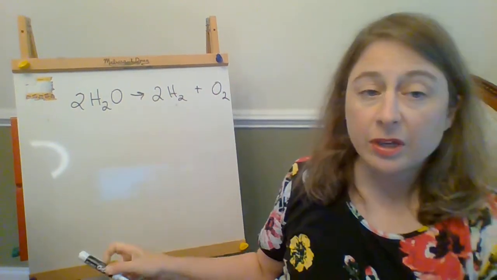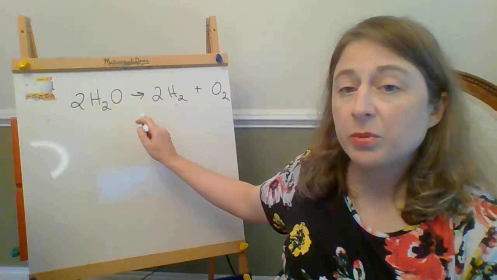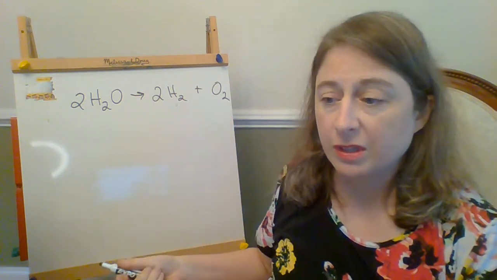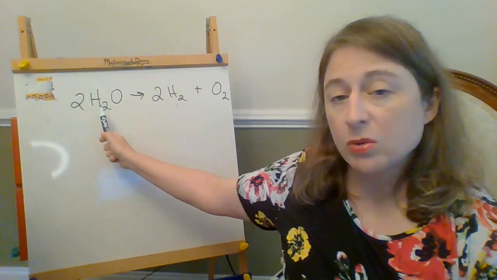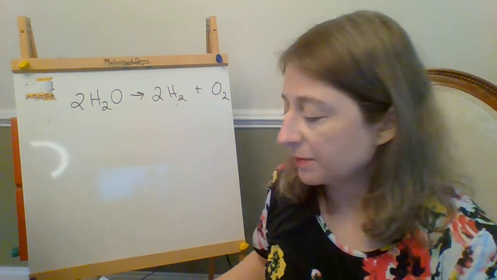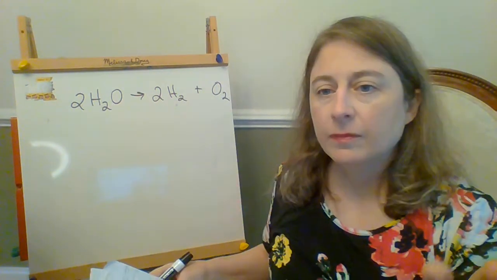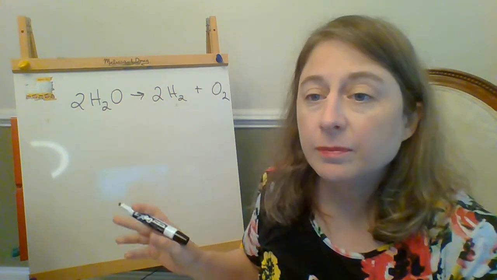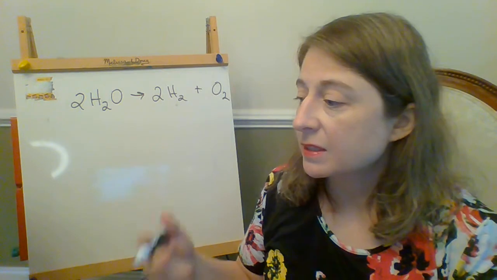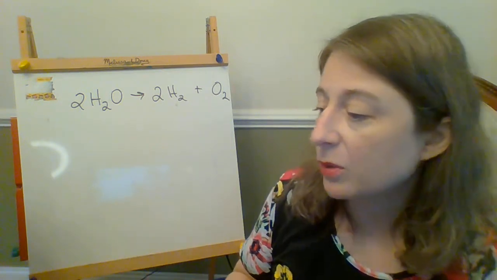I could say 2 molecules of water break down to 2 molecules of hydrogen and 1 molecule of oxygen. Or I could say 2 moles of water break down to 2 moles of hydrogen and 1 mole of oxygen. That is using stoichiometry to relate the amounts in a balanced chemical equation.